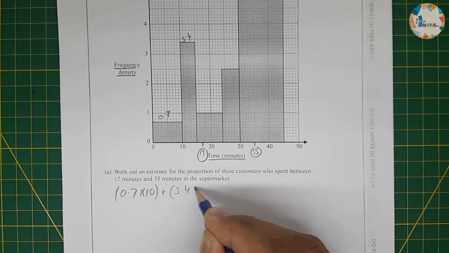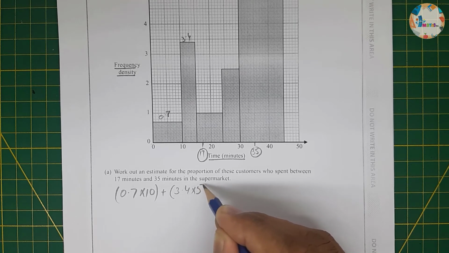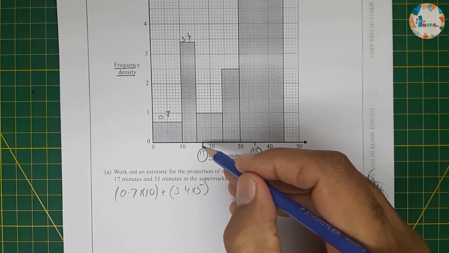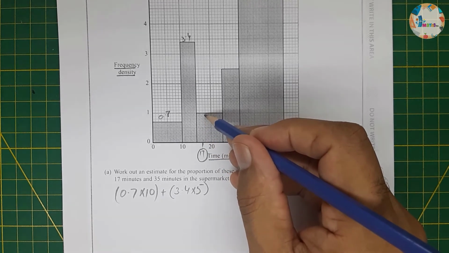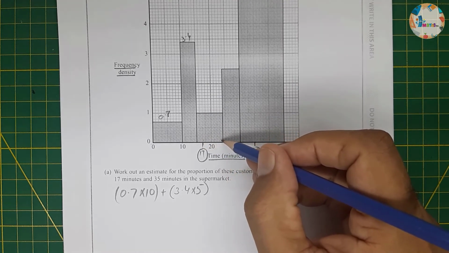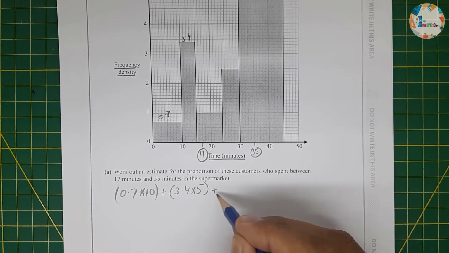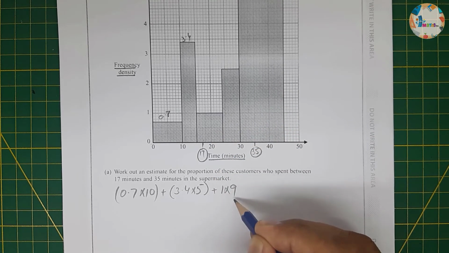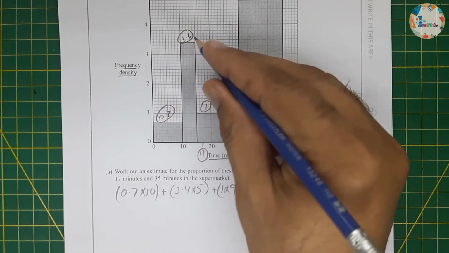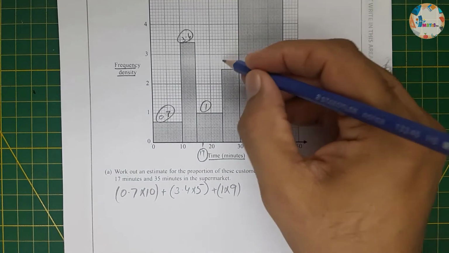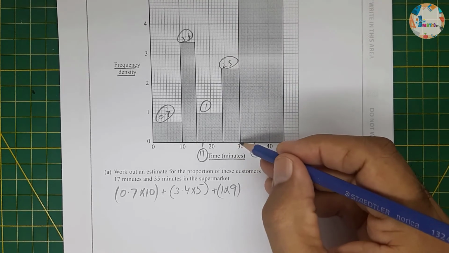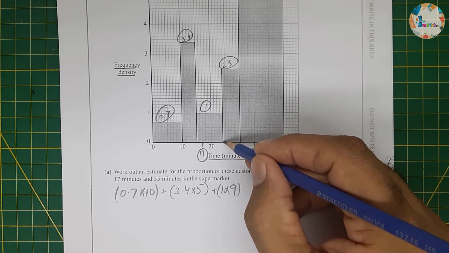So plus 3.4 into 5, and the next bar will be 1 into, this is basically 5, 6, 7, 8, 9, so plus 1 into 9. This height is 1 unit. I'm writing heights over here on the bar for your understanding. So this height is 2.5, and this width is 1, 2, 3, 4, 5, 6.